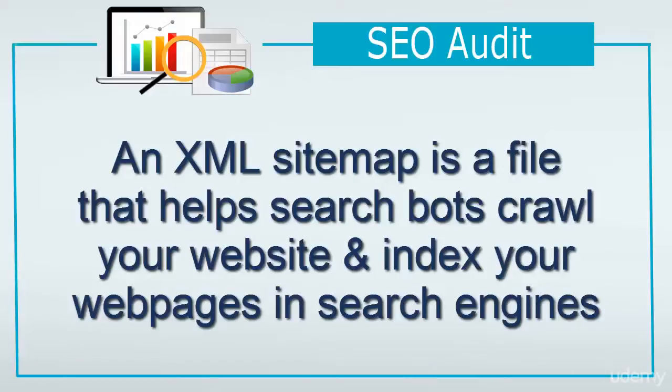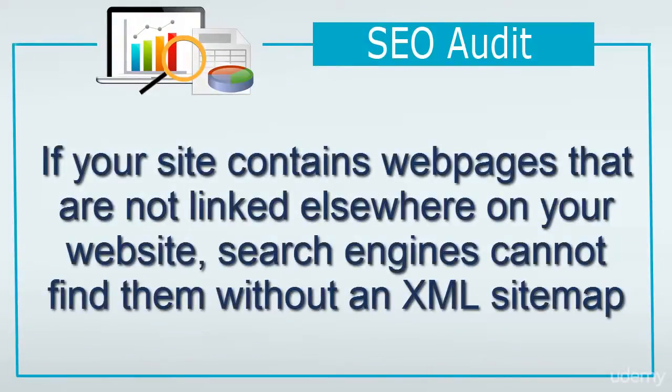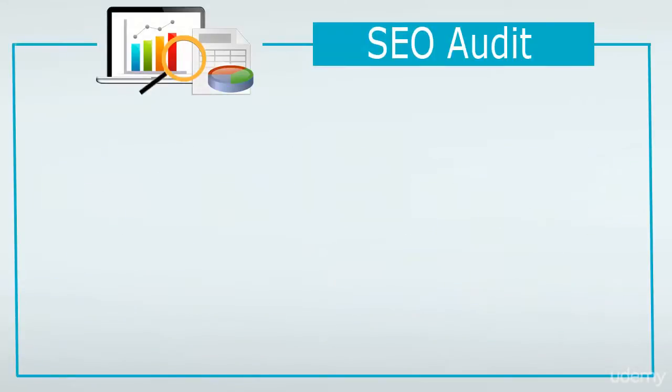But even so, a sitemap is going to be particularly helpful because it can improve how they crawl your site. And especially if you have a very large site, this is something that is very important to do. If you have pages that you have not linked to other pages, they will not be found unless you have submitted a sitemap. So that's one of the reasons as well why it's so important to do that.